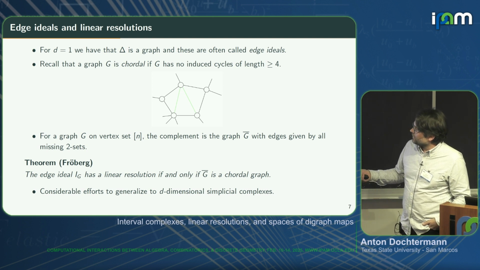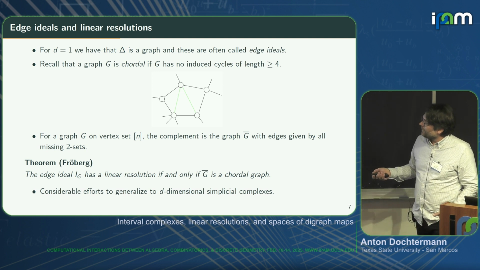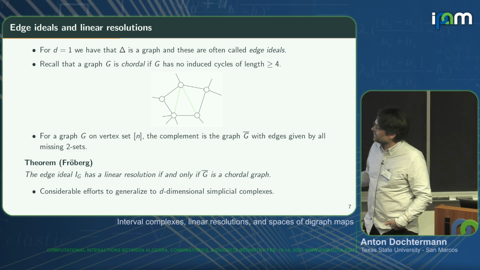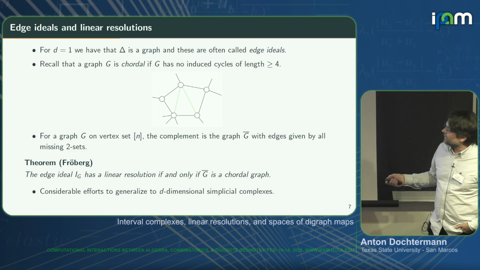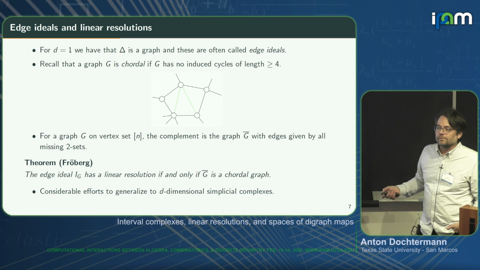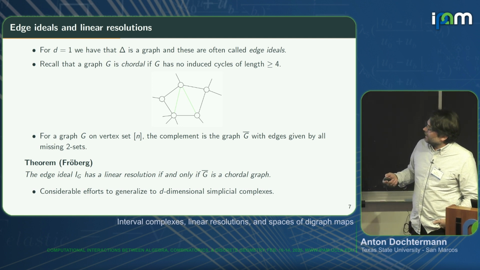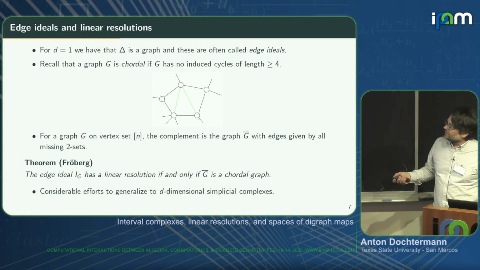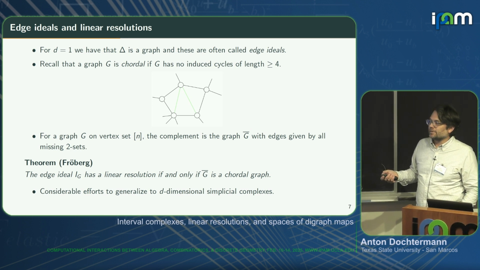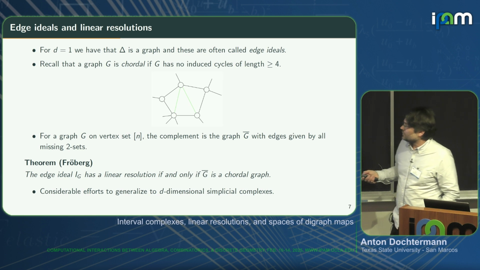And then there's this theorem of Fröberg that says I can detect when the edge ideal has a linear resolution, namely if that complement graph is a chordal graph. So it's an if and only if statement. And maybe I should have put a year here. I actually don't know exactly when this happened, but some years ago.